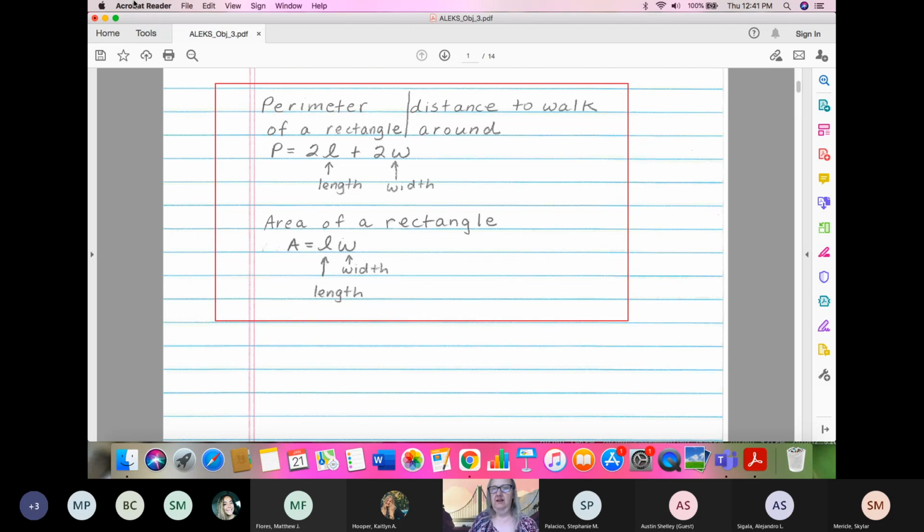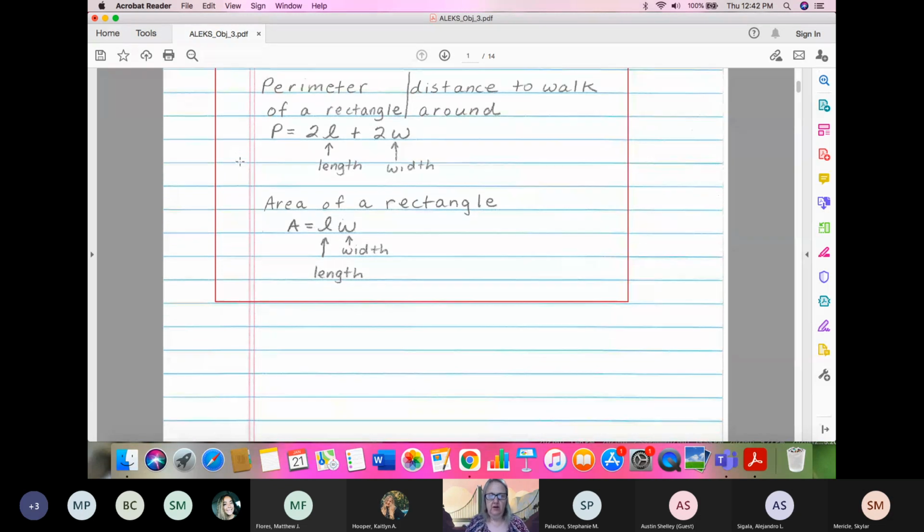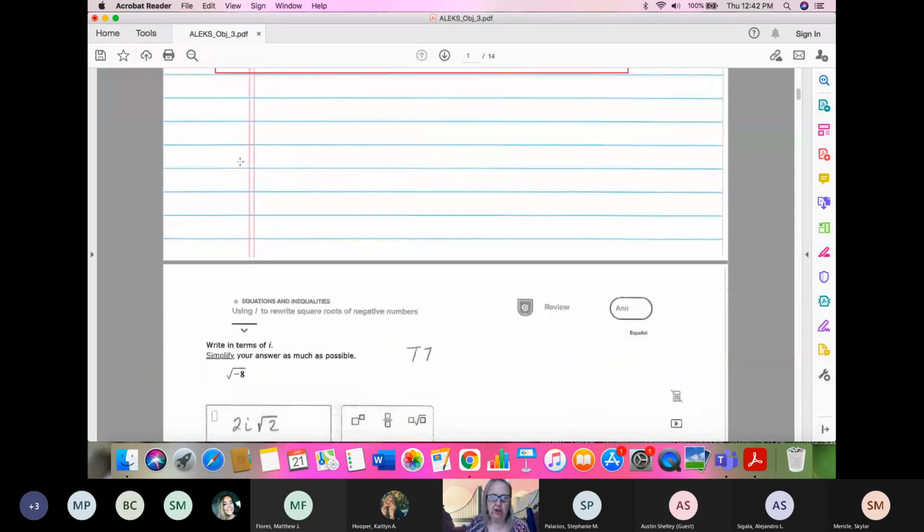Some topics really don't have a good place to go, and there aren't enough of them to make an entire objective. So we're going to look at perimeter and area. In this particular topic, you could be asked to find either the perimeter or the area. So we're going to take a look at one of each.